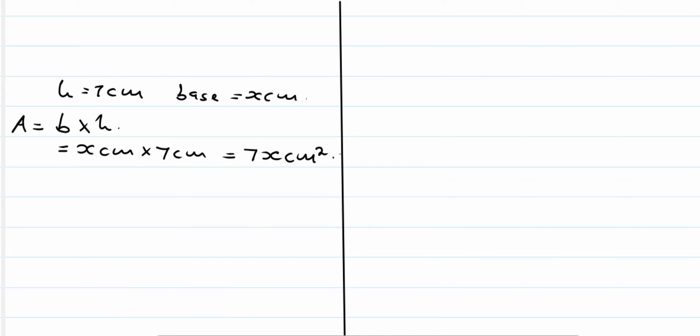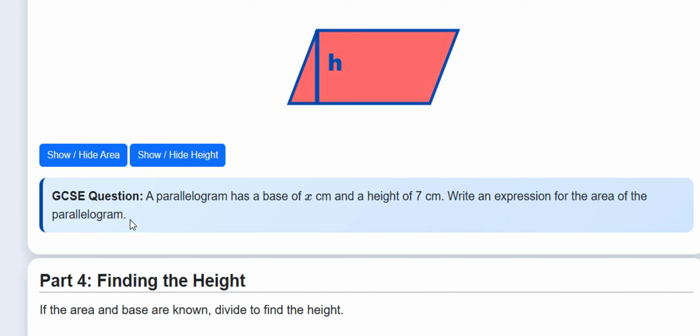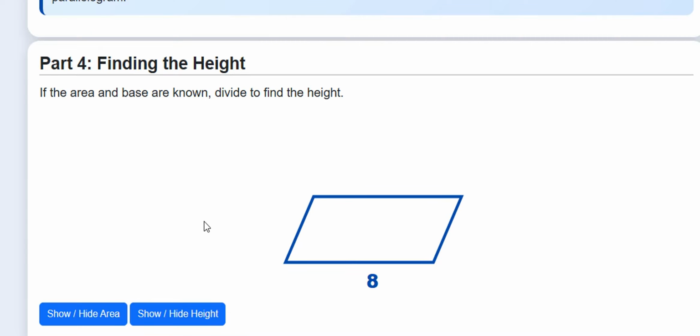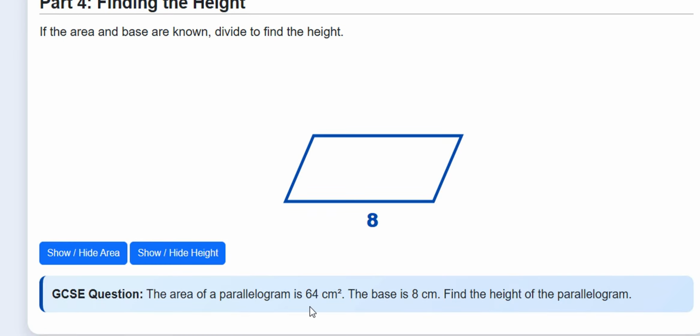That becomes the area of this parallelogram, because you are told to write the area as an expression of x. So how about if sometimes you are given the area itself, then the base or the height, and then you are told to find the missing side.